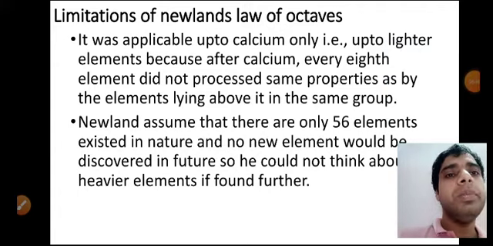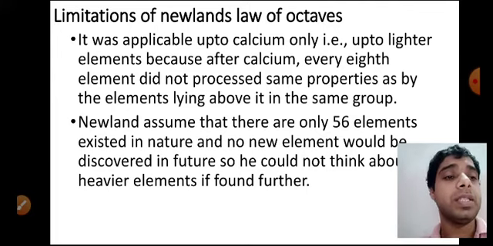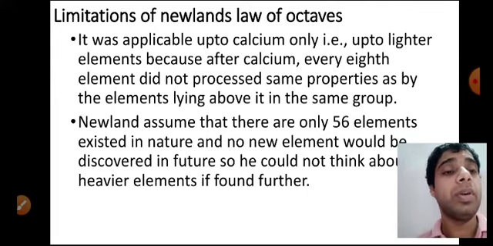But there were some limitations of Newland's law of octaves as well. As you know, Dobereiner and Newlands were both working to classify the elements.